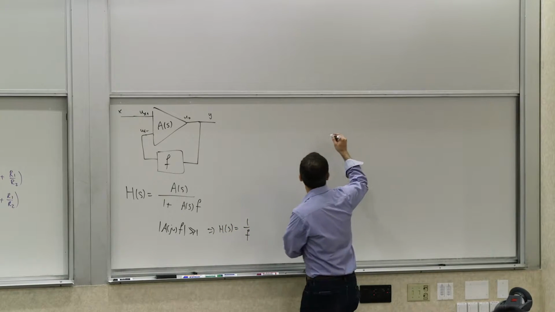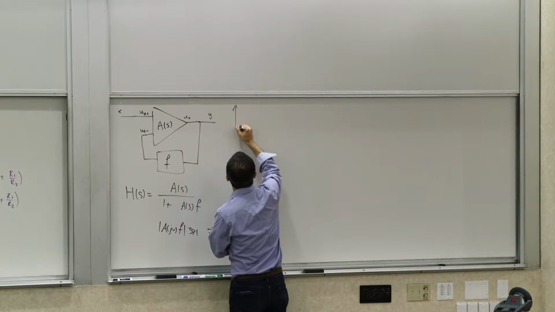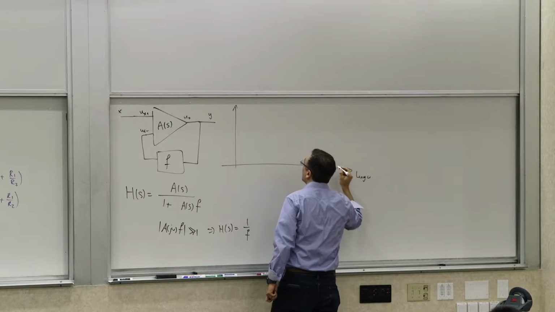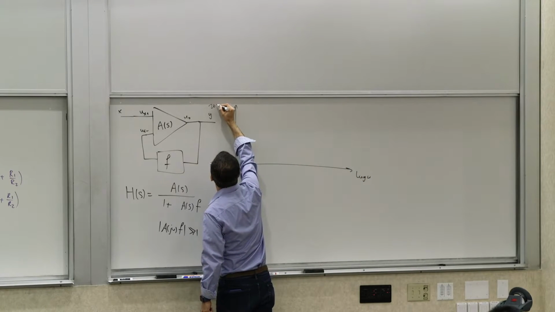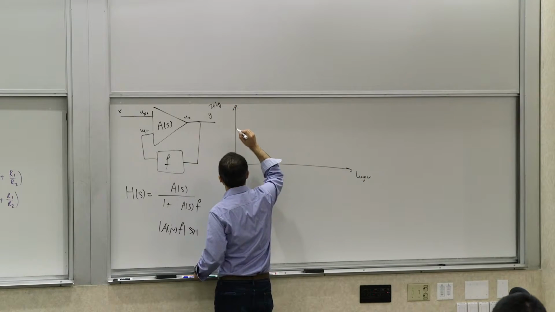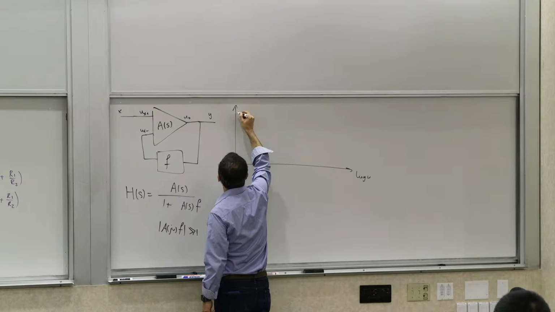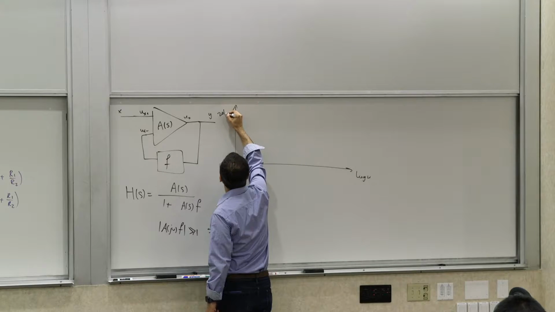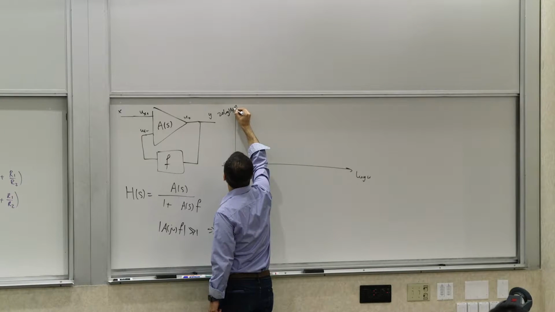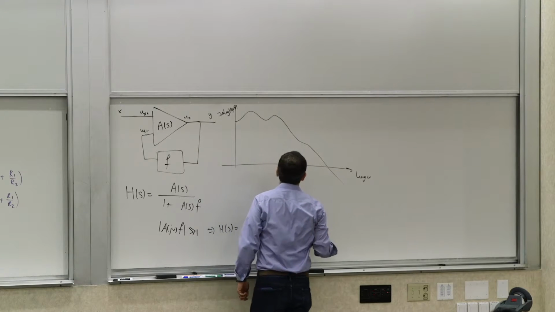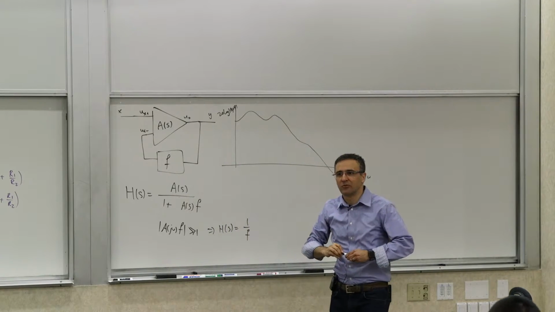If you think about it in terms of frequency behavior, consider a Bode plot versus log of omega, plotting 20 log of A of j omega. Let's say A of j omega has some arbitrary behavior like this versus frequency.